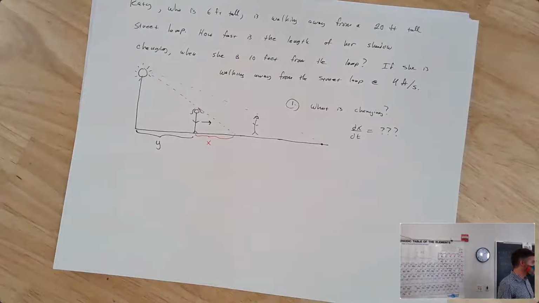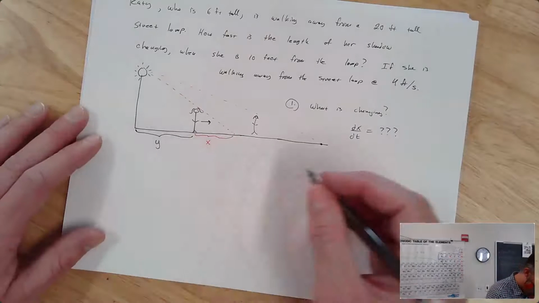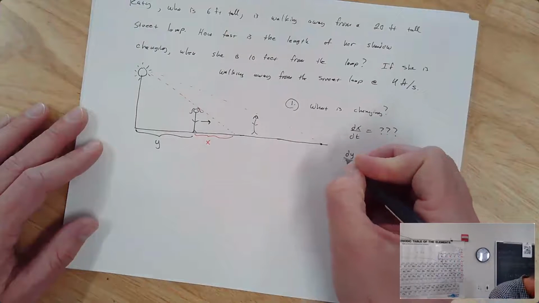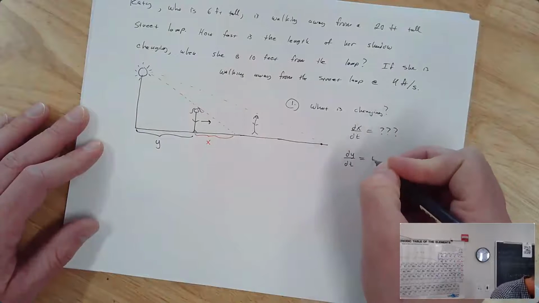If I say my distance from the board is some measurement, and I'm walking at a rate of 2 feet per second, my distance from the board is changing at that rate. So I'm going to call this y, and we can say that dy dt is equal to 4 feet per second.